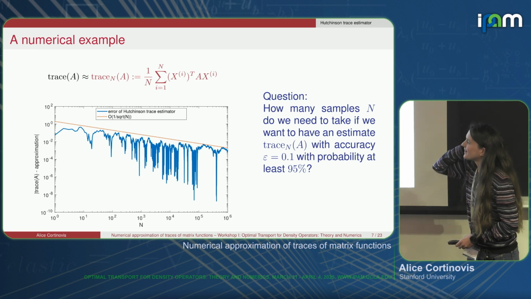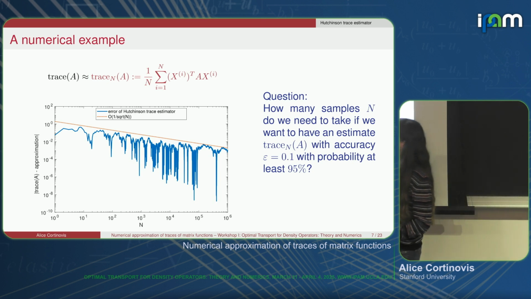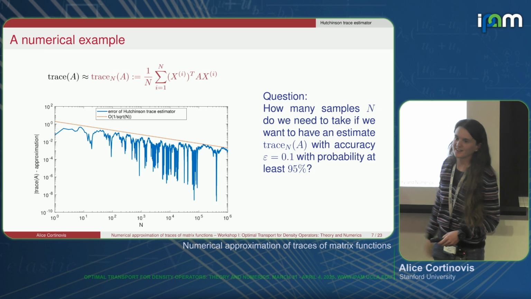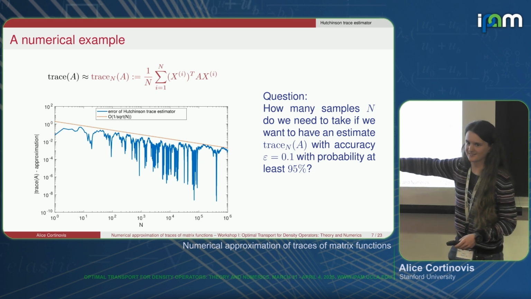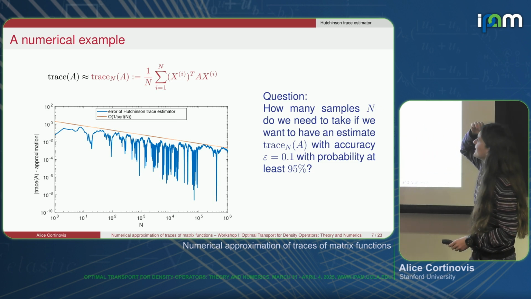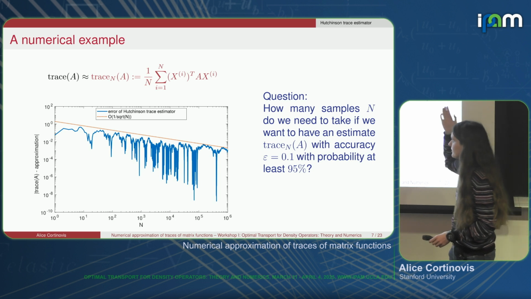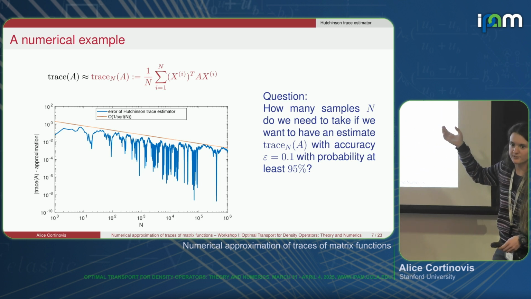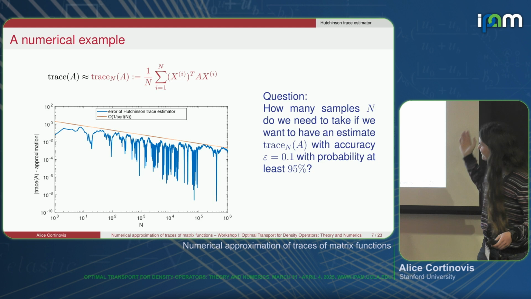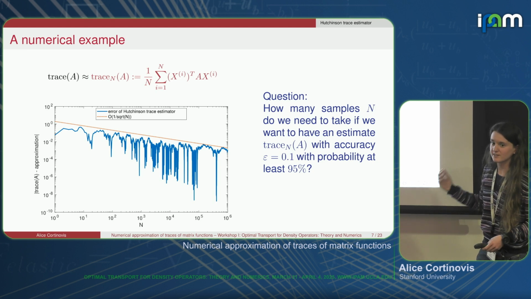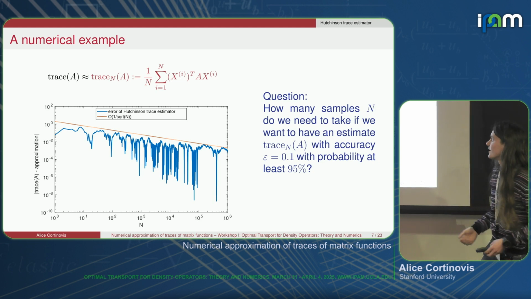Okay, so what you can see is the error oscillates a lot. This is a log-log plot in case the numbers are too small. But what one can ask is, if I want to have an estimate with a certain accuracy, epsilon, up to some failure probability, how many samples do I need to take?